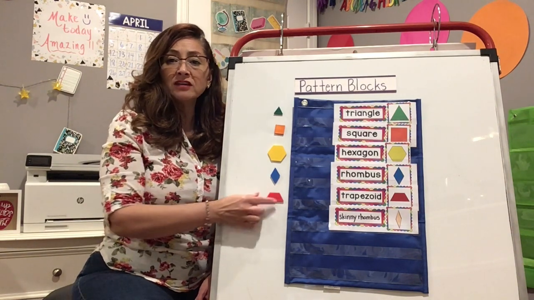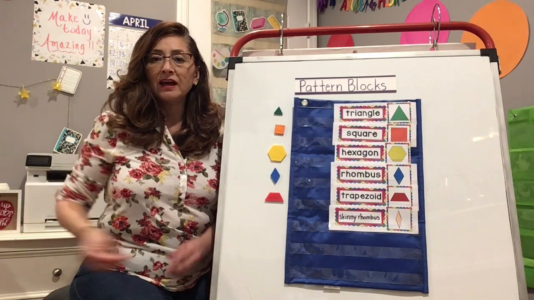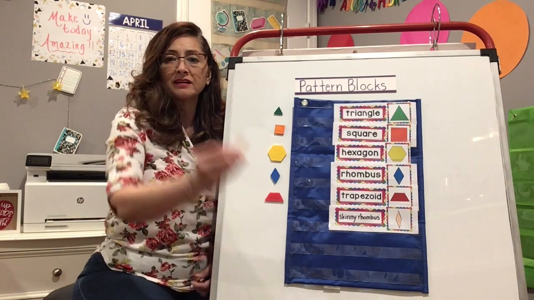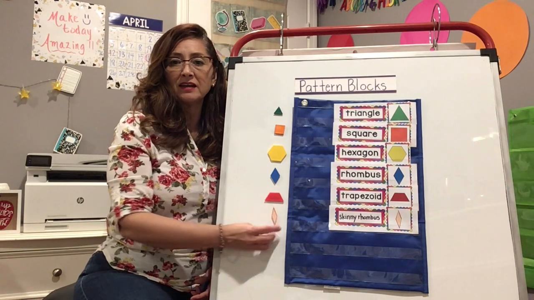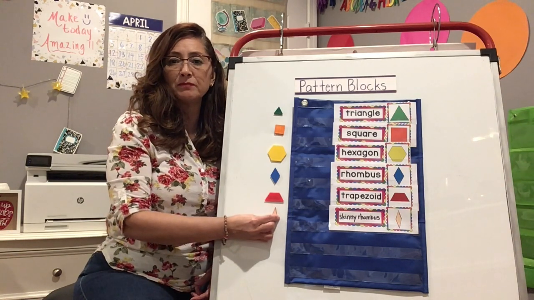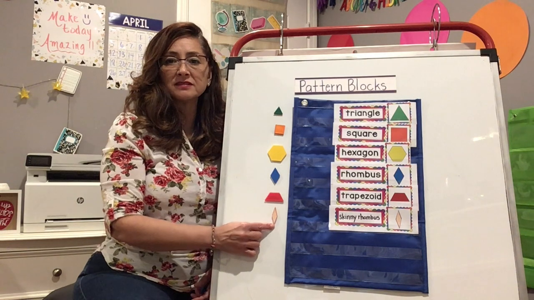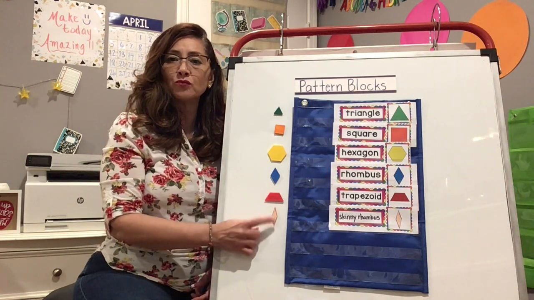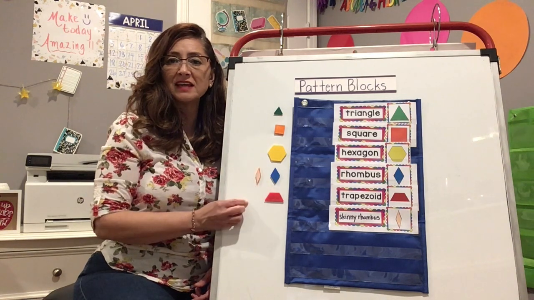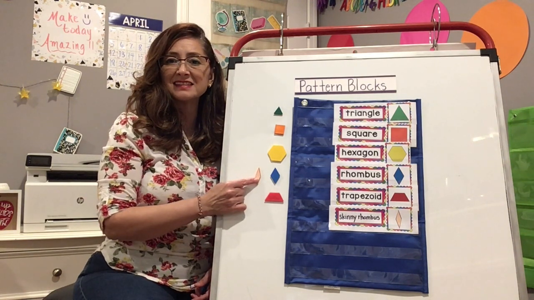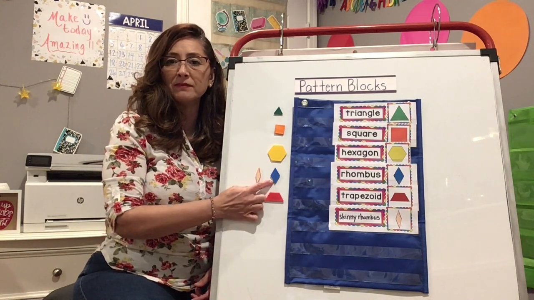Now, we also have another shape, and I'm going to show it to you right here. I'm going to put it here against my whiteboard so you can see it better. This, my friends, is called a skinny rhombus because it looks just like the rhombus, except it's skinny. See, this is a skinny rhombus, and this is a rhombus.